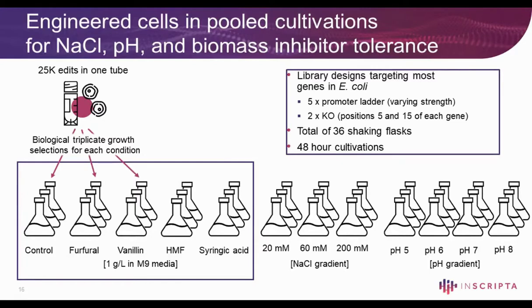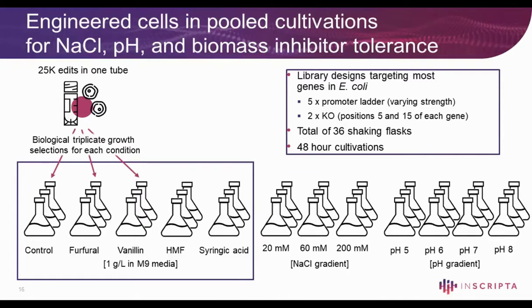We then aliquoted the cells into shaking flasks with different known toxic compounds: furfural, vanillin, hydroxymethylfurfural, and syringic acid, as well as a media control. We also included a gradient of sodium chloride, as osmotic stress is also known to arrest growth. And we added a pH gradient to see how the cell population behaves in acidic as well as alkaline conditions.